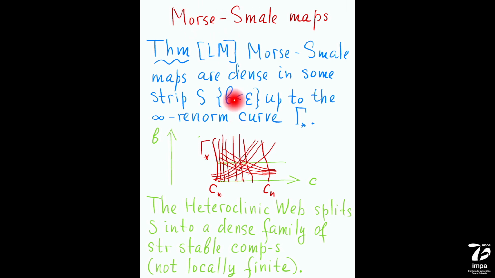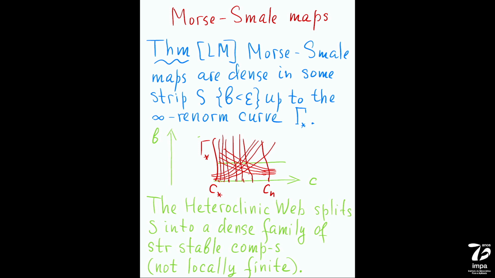We have a theorem with Marco, again, that in some narrow strip, for very small Jacobians here in the Henon parameter family, in the zero entropy region, up to our infinitely renormalizable curve, gamma star, we have an open dense set of Morse-Smale systems.